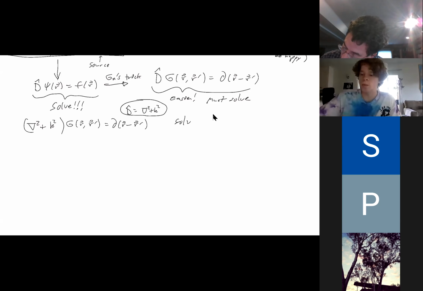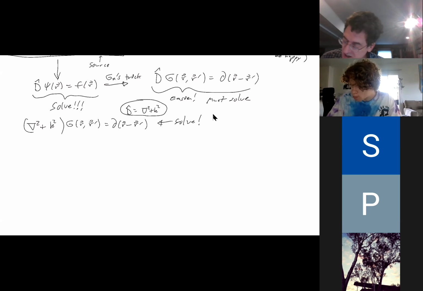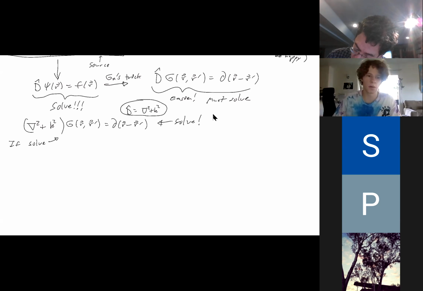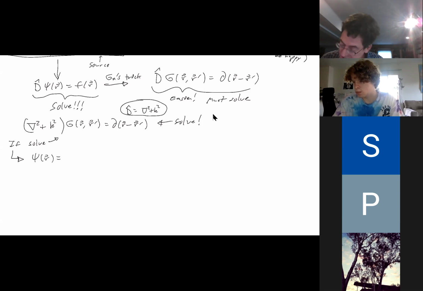Now we have to solve this, because once we do, the wave function psi of r is equal to psi k naught at r, with some quantum number k, plus the integral of my source term times my Green's function.